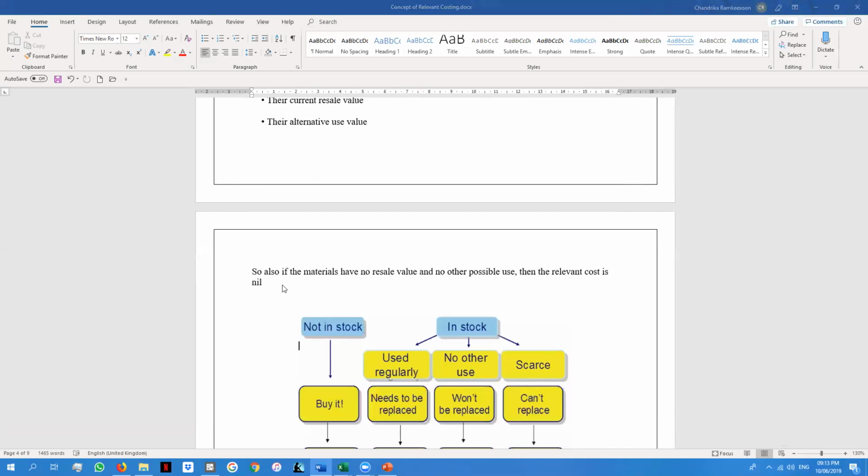Someone, maybe a friend of yours or maybe somebody passing on the road, observes the old pieces of metal sitting there at the back of your house somewhere. And they say, look, can I have those pieces of metal?